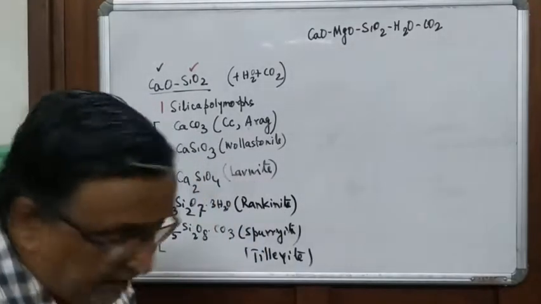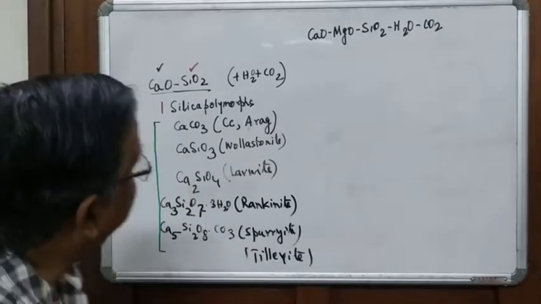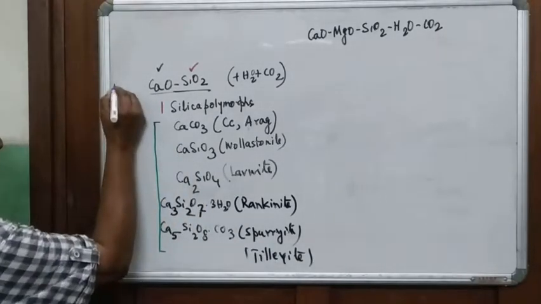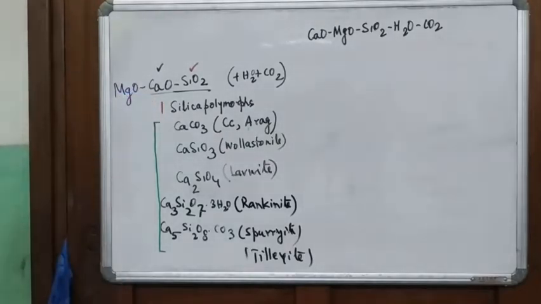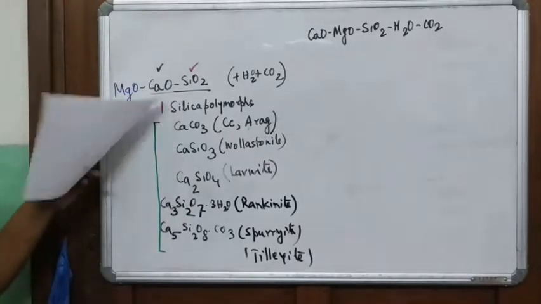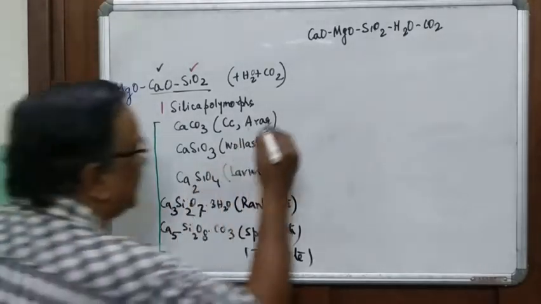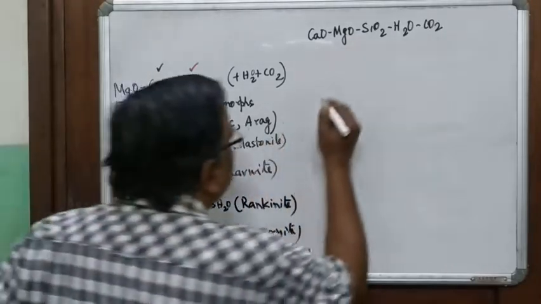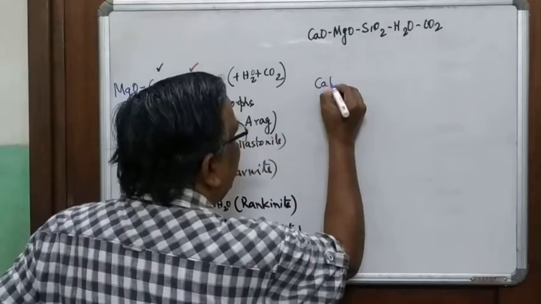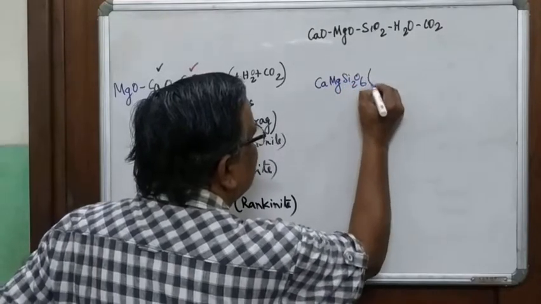Now, for example, if we add MgO to this, now you will see you open up a Pandora's box. MgO, CaO, SiO2, H2O, CO2. Now you see we will write a few. We won't write a lot of them. Say for example, CaMgSi2O6. So that's diopside.